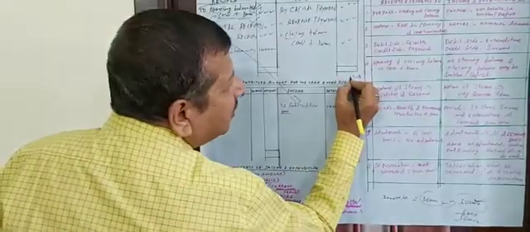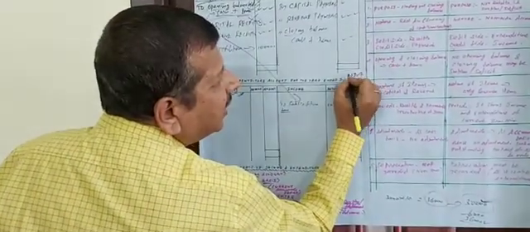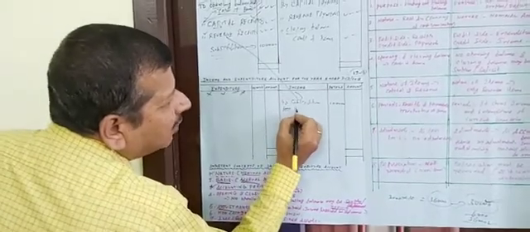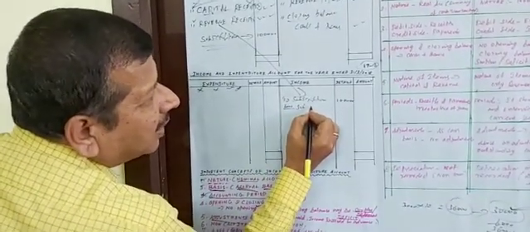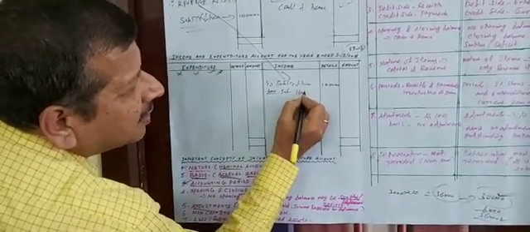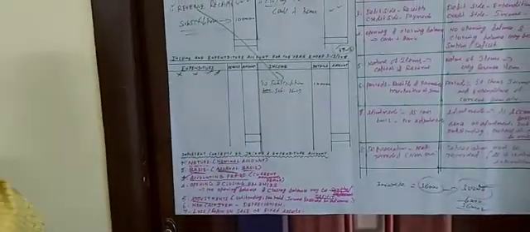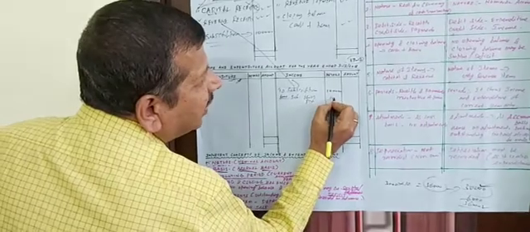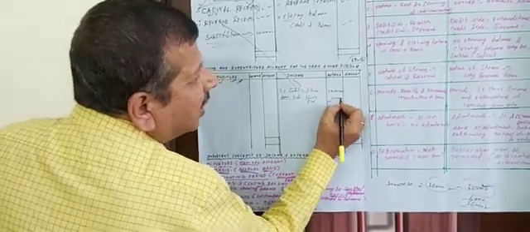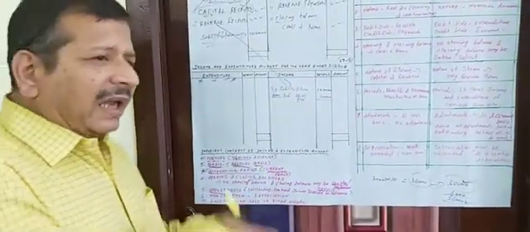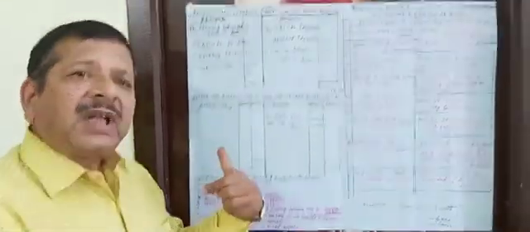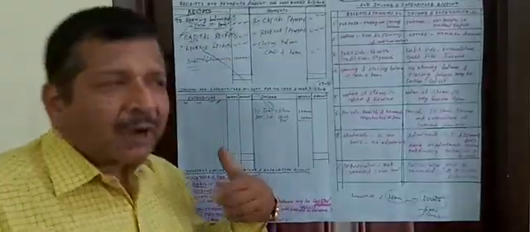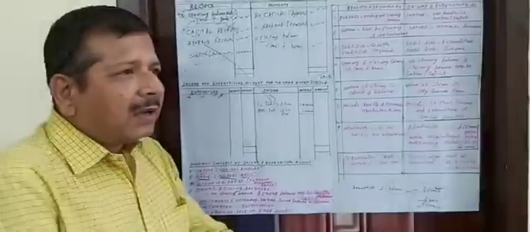What is the current year? 17, 18 is the current year. For example, subscription for 16, 17 is the previous year's subscription. Maybe 10,000 is included, which is not the income for the current year. The person was supposed to give last year, but he is giving late, so he is giving this year.